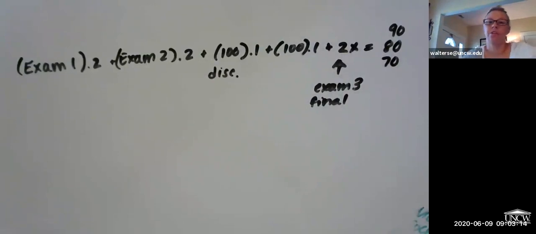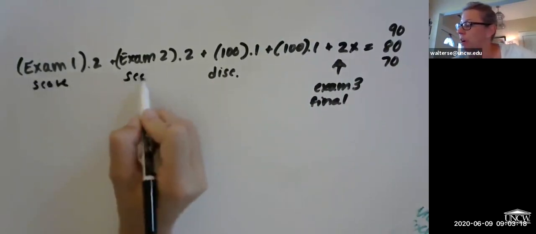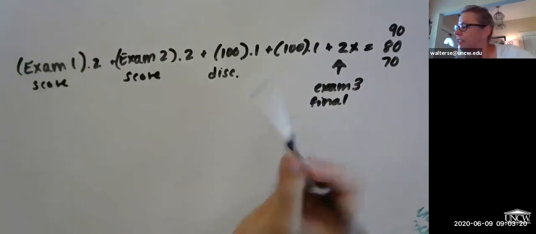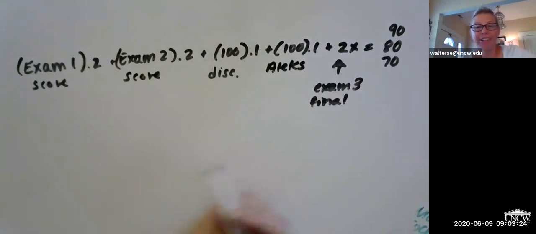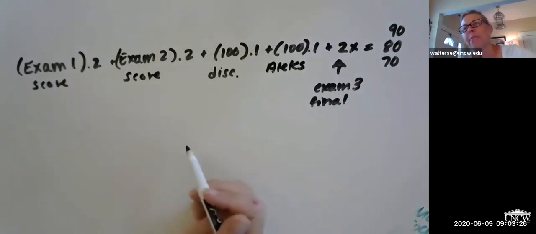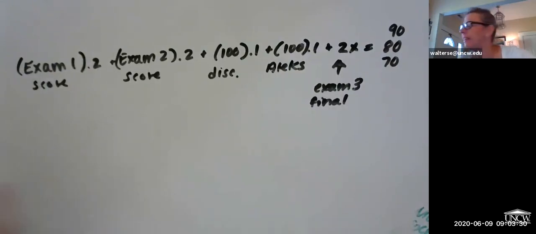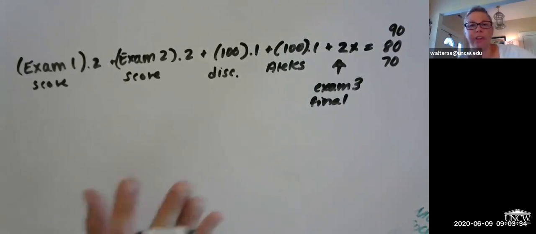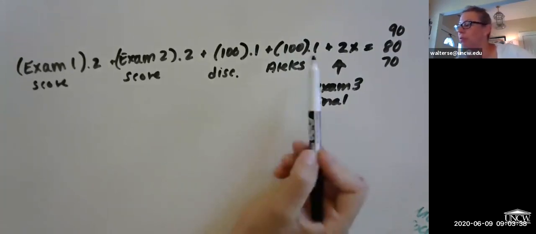Okay, so take your score, and then discussion, Alex. And I know some of you have emailed me about issues with Alex, like you take a knowledge check and you think you're at 60 and then it brings you down to 57. Don't worry about it. Okay, I'm still working through the program and trying to figure out how everything fits together, so don't worry about it.